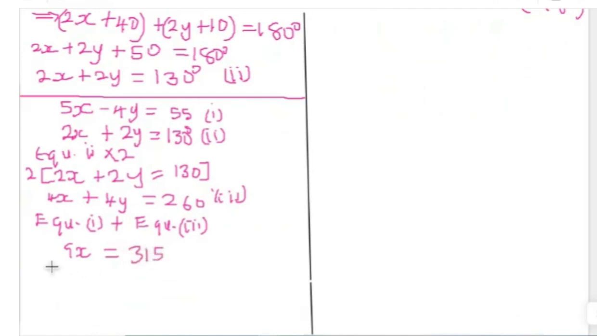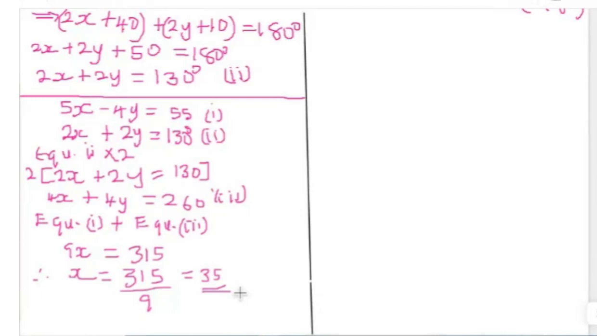So we can find the value of x. Simply divide both sides by the coefficient of x, which is 9. So 315 divided by 9, we obtain the value to be 35 degrees. Okay, we know that 9 into 31, the closest multiple there is 27. So that is 3 remainder 45. That gives us 35.